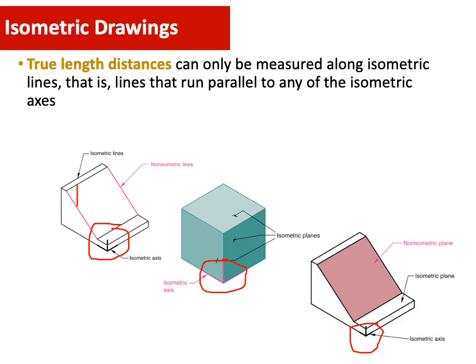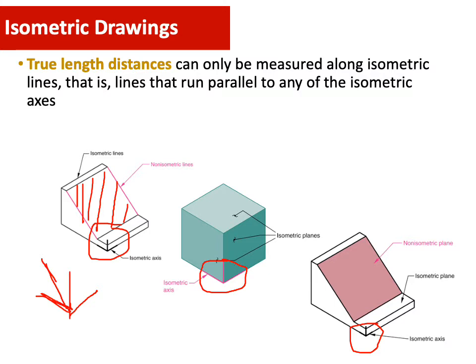This plane, as you can see here, is steep. So this plane is a non-isometric line because it doesn't follow the axes that you have here. The shape of the axis is like this, but the plane is so steep.